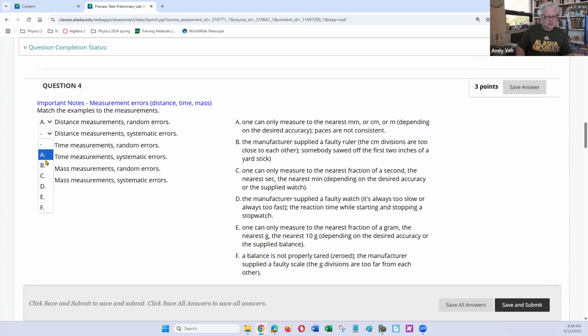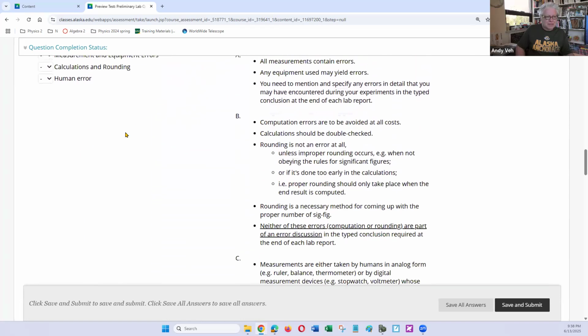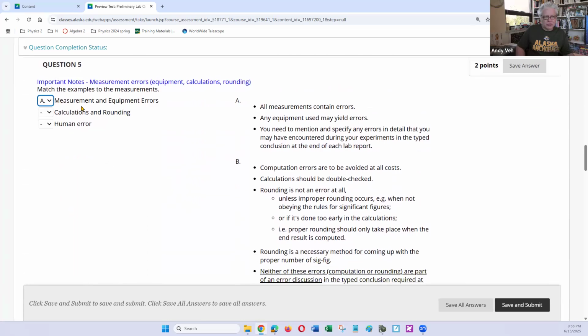So this one is about random and systematic errors for distance, time, and mass. And so you can carefully read through these here. This one here, also longer answers, so I do have them in the correct order here. So you will encounter measurement and, well, hopefully not equipment errors, but they're part of an experiment.